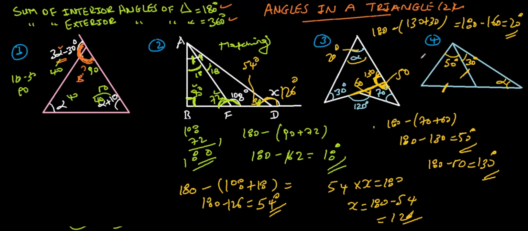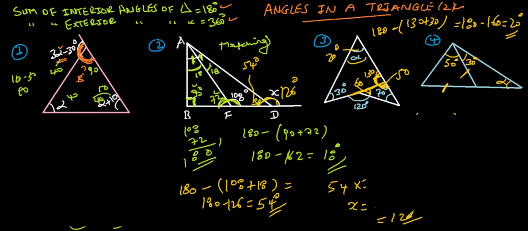Then for the last example, this one and this one are similar. They have similar side lengths, that means they are equal. If this one is equal with this one, the opposite angles are also equal. For this opposite angle, 50 is given, so this one is also 50 degrees.